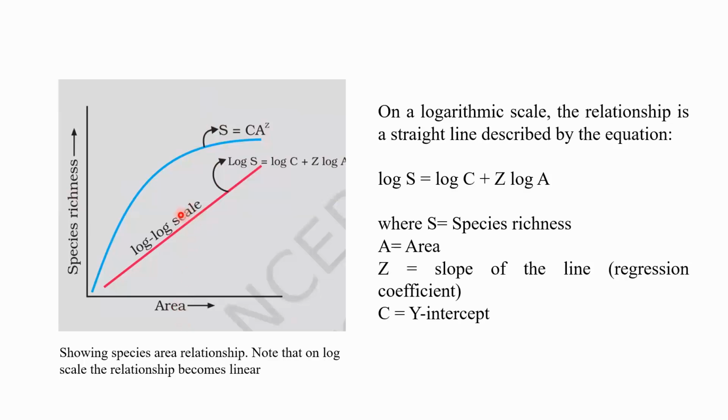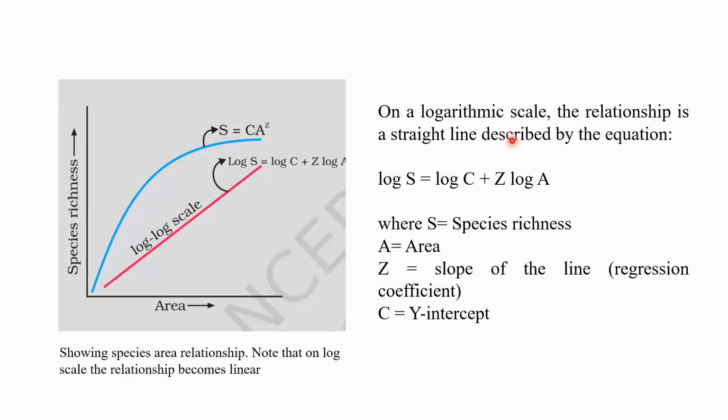If we are talking on a logarithmic scale, it is a straight line relationship, but in general it is a rectangular hyperbola. So the relationship is a straight line described by the equation log S is equal to log C plus Z log A.